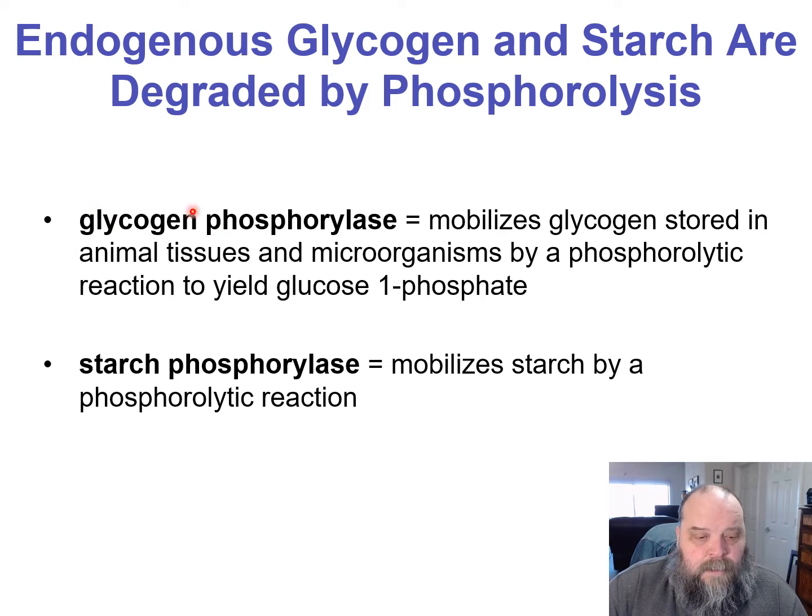Glycogen, okay, it's how animals store sugars. We store them as long polymers. Glycogen phosphorylases, when they say it mobilizes glycogen, means it goes through and cuts one glucose at a time, boom, boom, boom, and in the process of doing it, you release glucose 1-phosphate.